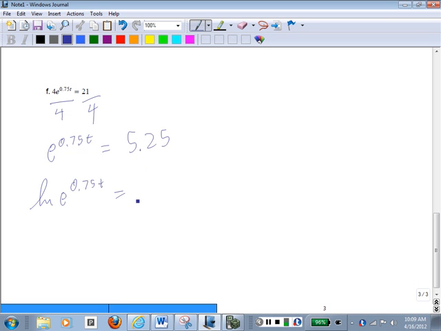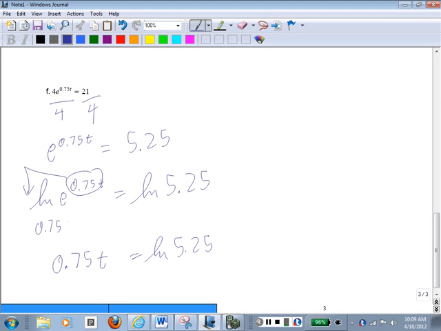Natural log of e to the 0.75t equals natural log of 5.25. Now, there are two ways that we could explain that this left-hand side just turns into 0.75t. Way number 1 is we take the 0.75t out in front, which is totally okay in this case, 0.75t times the natural log of e, with or without the parentheses around the e.